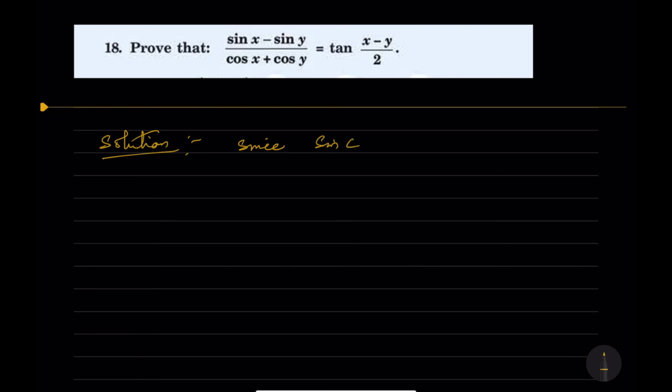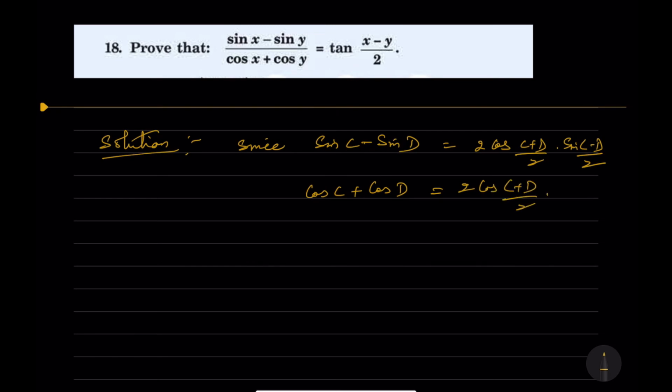Sin C minus sin D is equal to 2 cos((C + D)/2) sin((C - D)/2), and also cos C plus cos D is equal to 2 cos((C + D)/2) cos((C - D)/2).